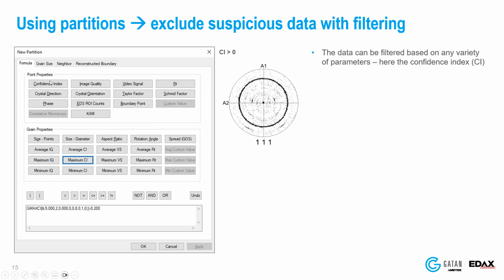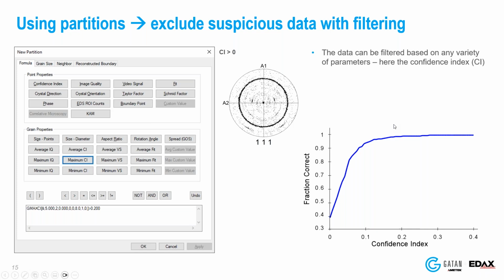In the past, we used a confidence index filter up here. But in OIM 9.1, there's some new functions here, and one of them is maximum CI. And what that does is, I've set it up here, I say a maximum CI above 0.2.